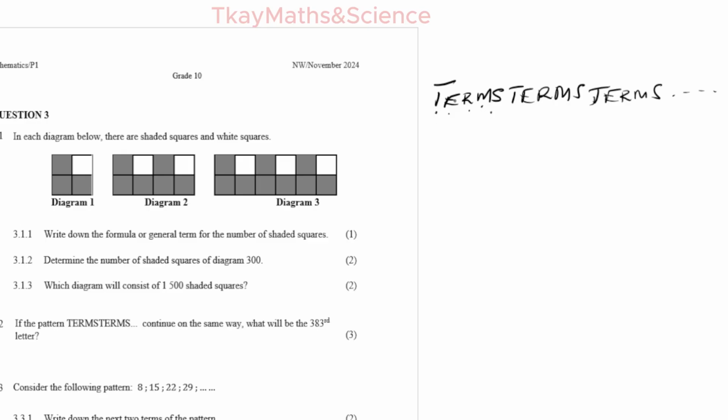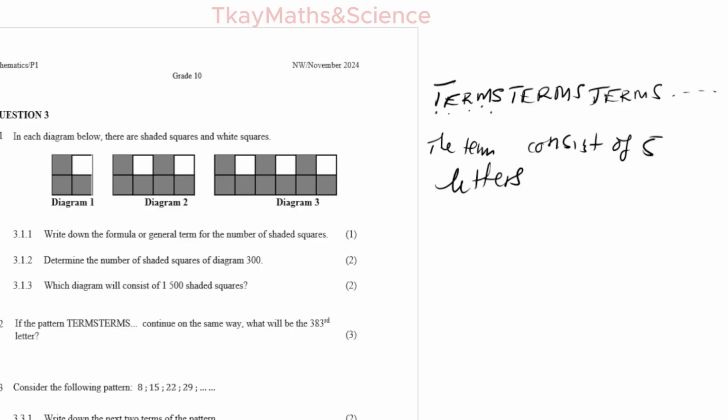So the term consists of 5 letters, right? So it's going to keep on repeating, but with 5 letters.